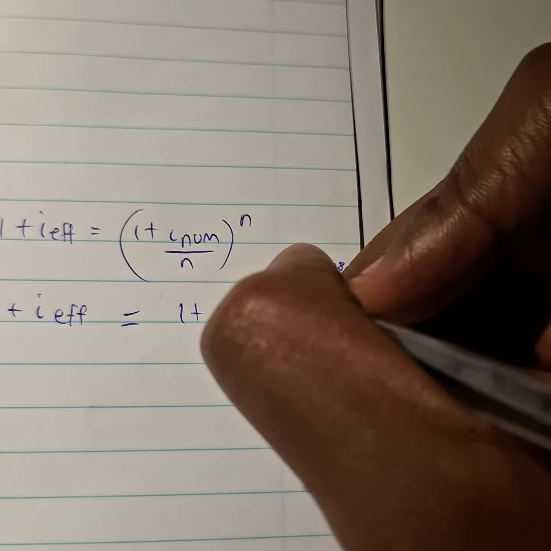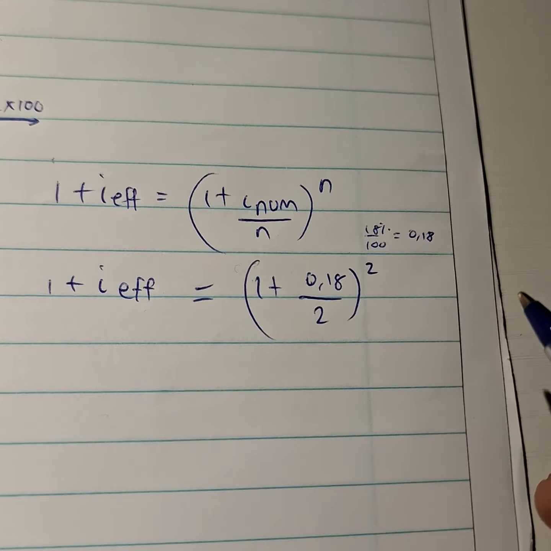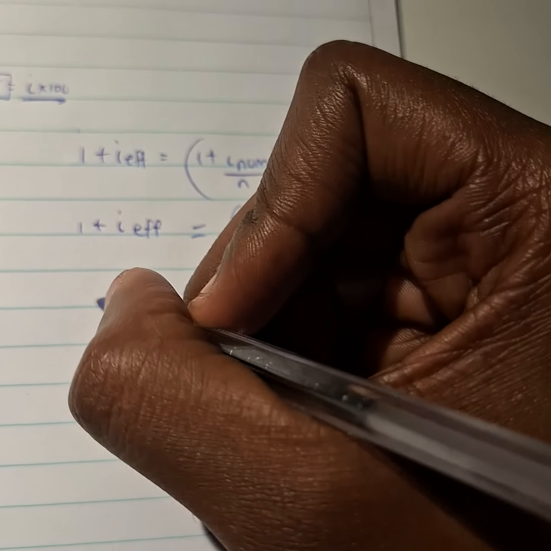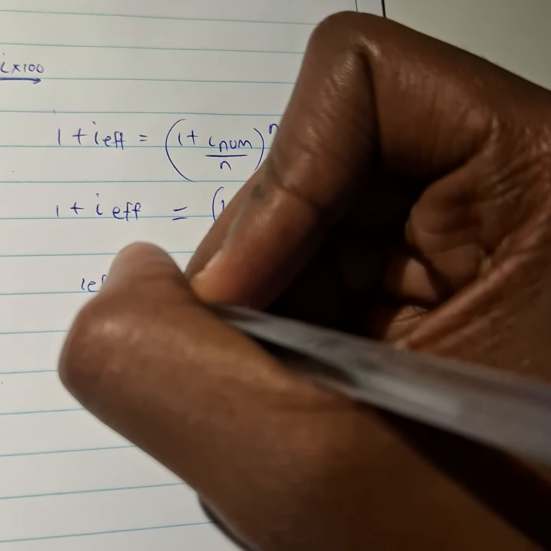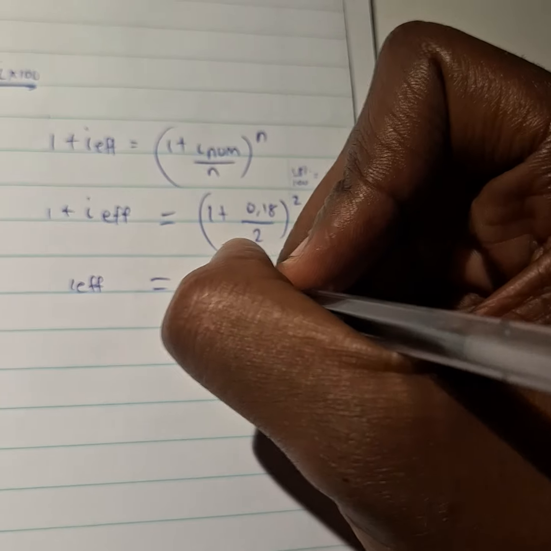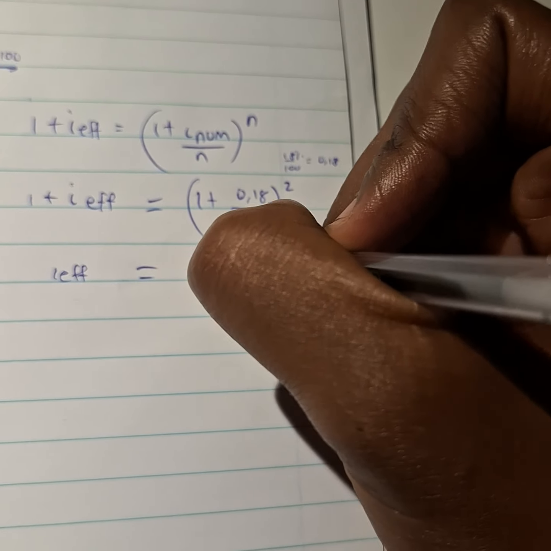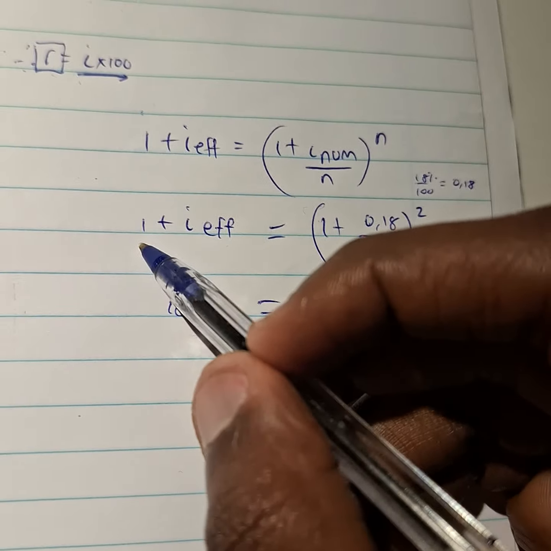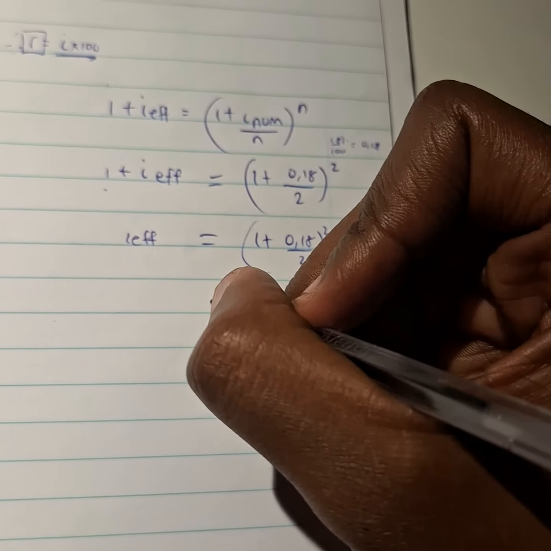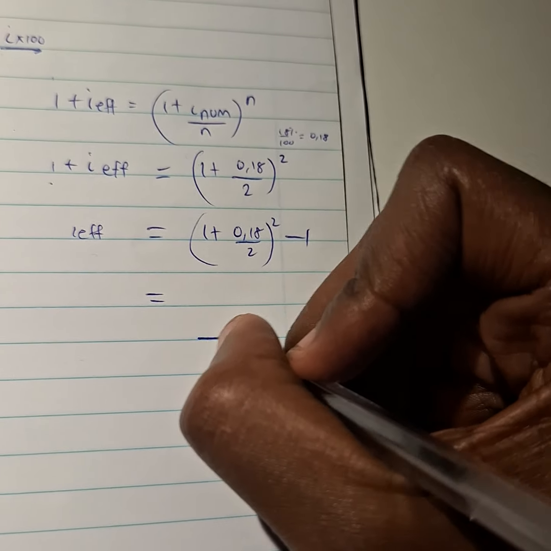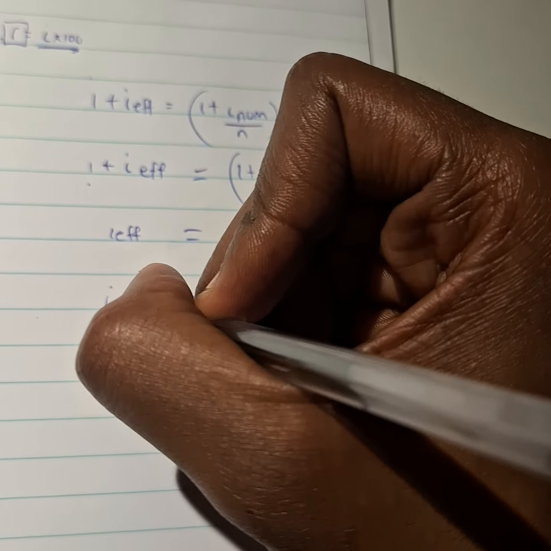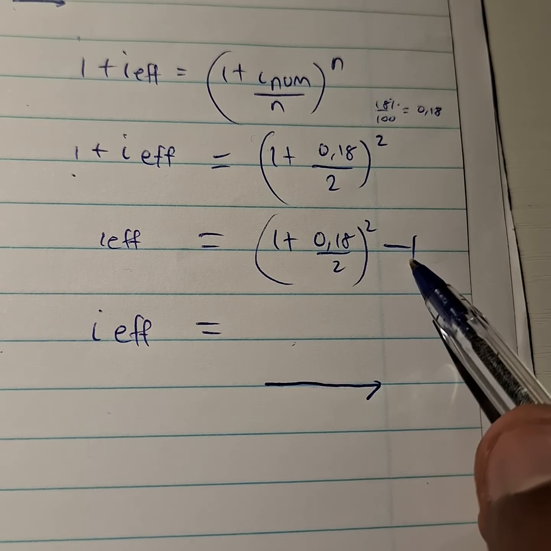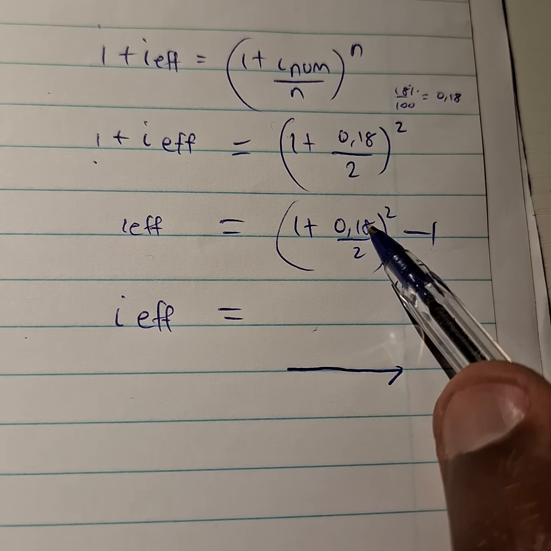So half yearly means we divide by 2, we raise to the power 2. Then we make I effective the subject. 1 plus 0.18 over 2 to the power 2. We take the 1, we transpose it, it becomes -1. And all you do is you grab your scientific calculator, guys, and you get the answer.